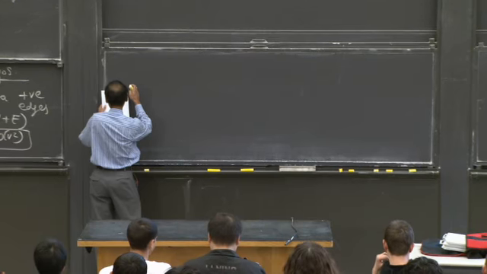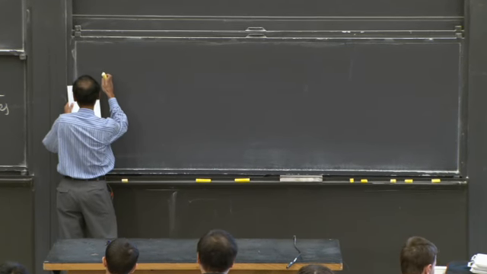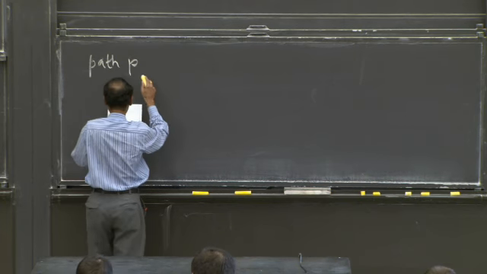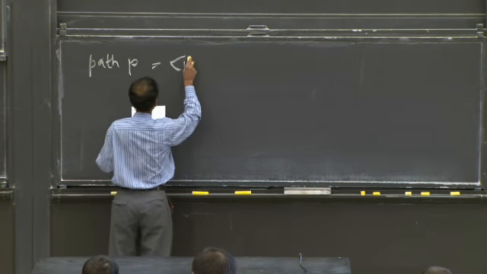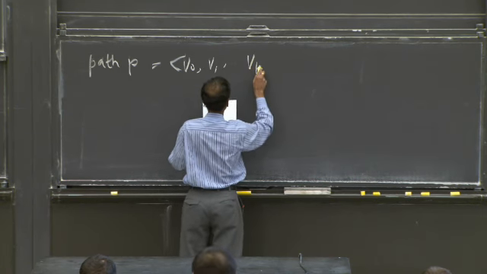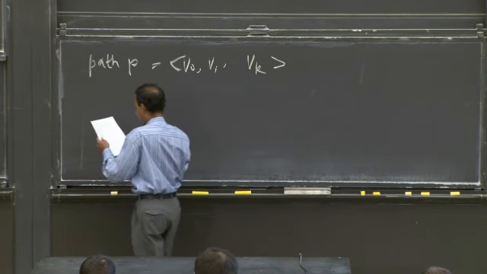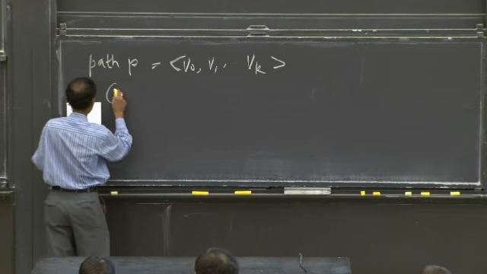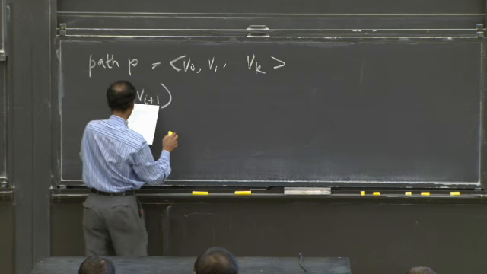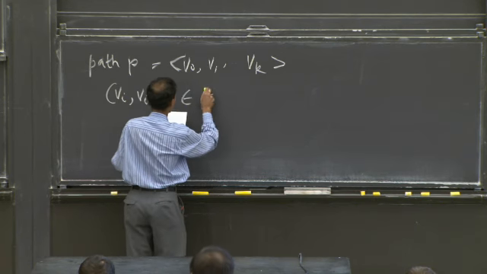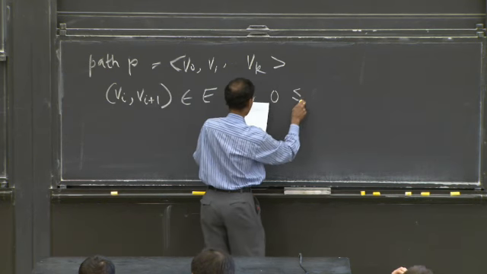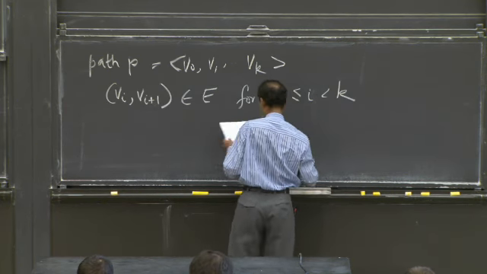And you can think of a path P as a sequence of vertices, V0, V1, etc., to Vk. And this is a path if (Vi, Vi+1) belongs to E for 0 less than or equal to i less than k. Right?